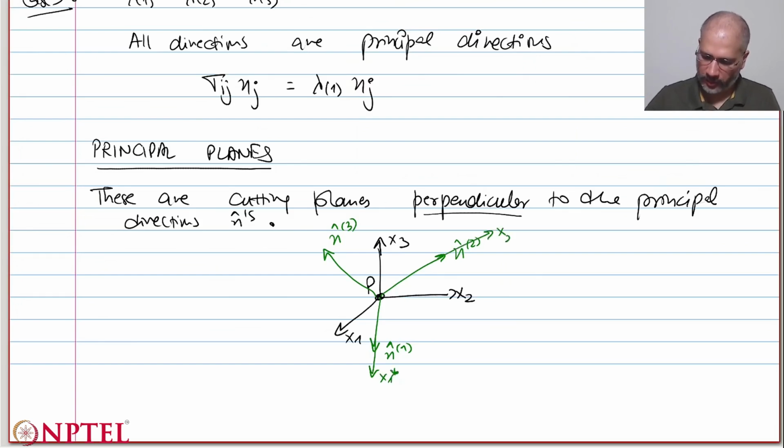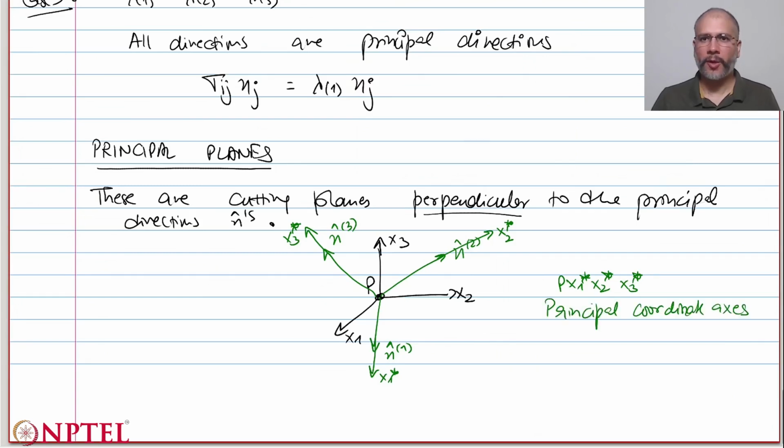I'll call this x1 star, x2 star and x3 star. So P x1 star, x2 star and x3 star is called principal coordinate axes, which are formed from the principal directions n hats.